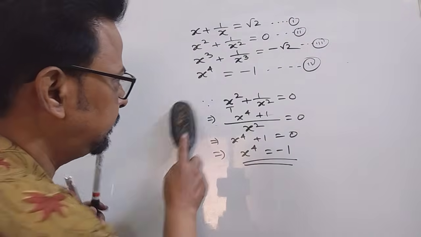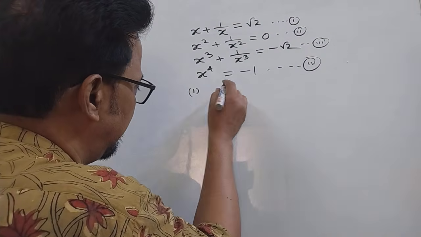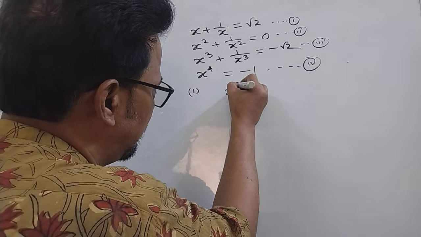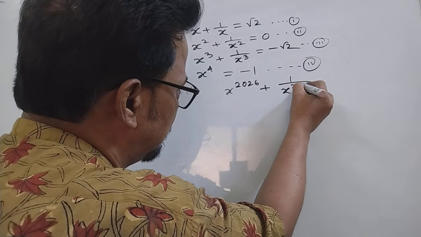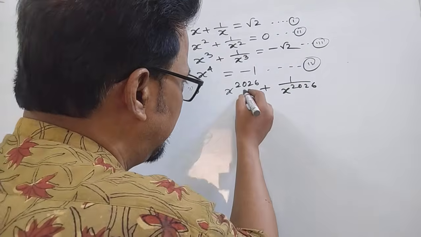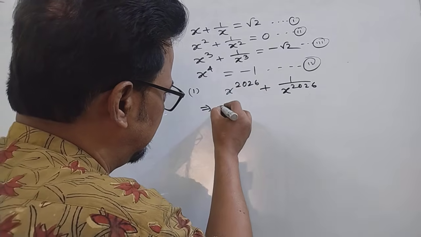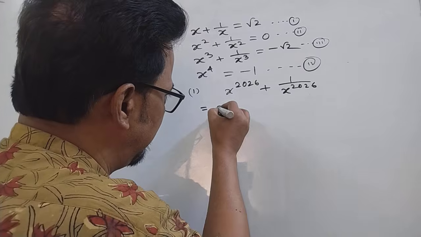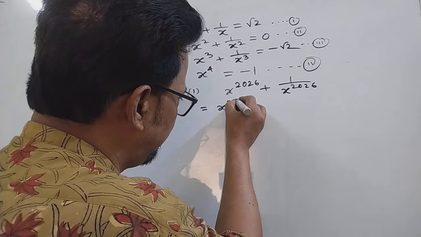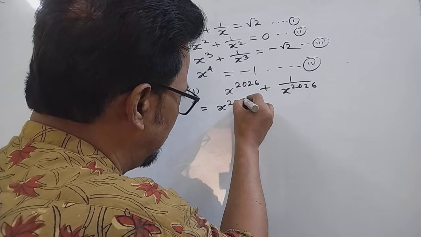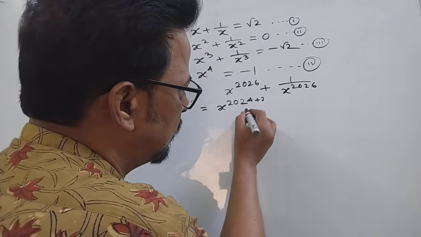Like number 1, the question was x to the power 2026 plus 1 by x to the power 2026. Now you know 2026 can be written x to the power 2024 plus 2.